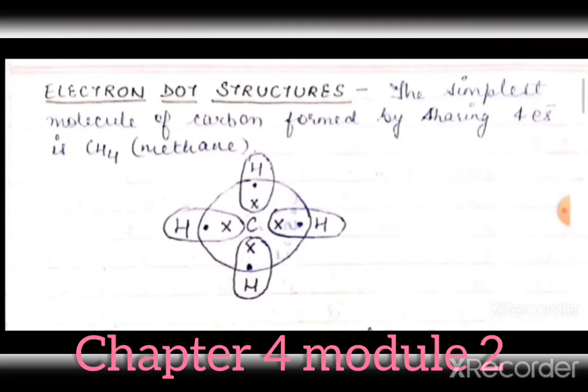So carbon is drawn in between, with its 4 outermost electrons and 1 electron of each hydrogen, and then we have to encircle them. This will show the electron dot structure of methane.